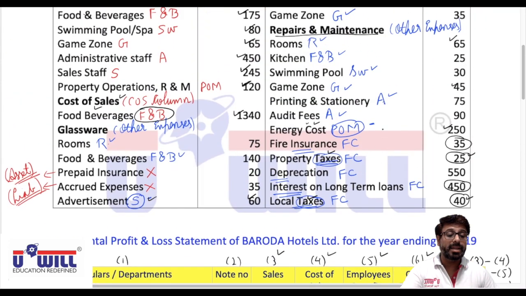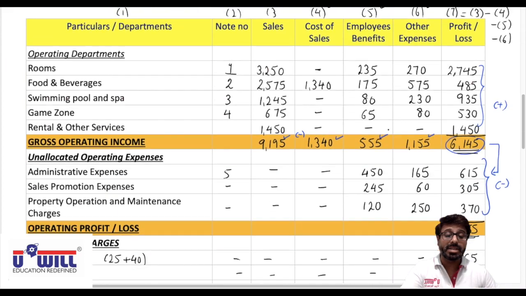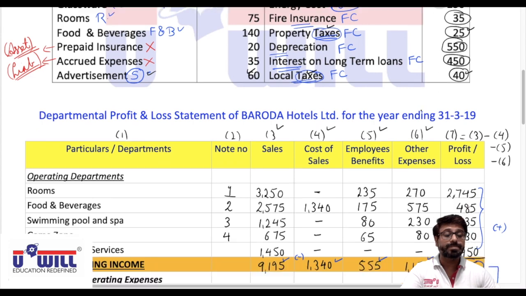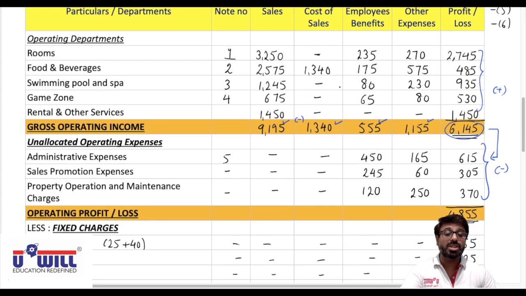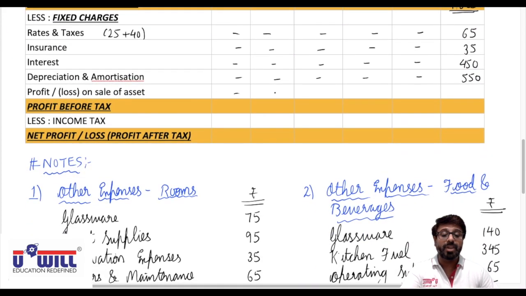Then depreciation 550, directly in the last column, 550. Then profit or loss on sale of asset we don't have, it's not given, so nil.